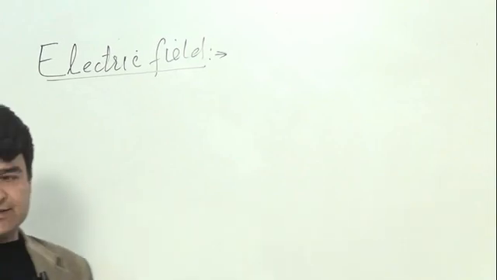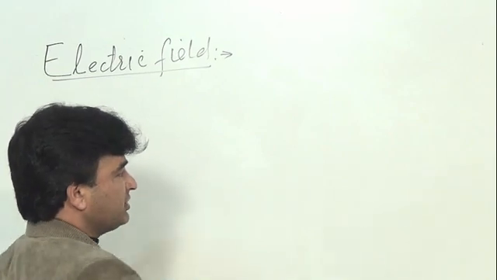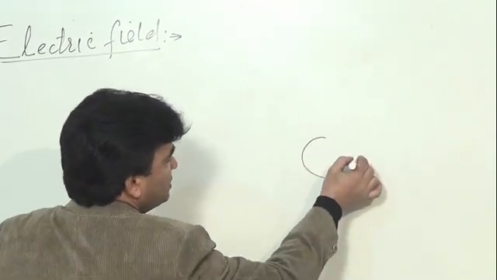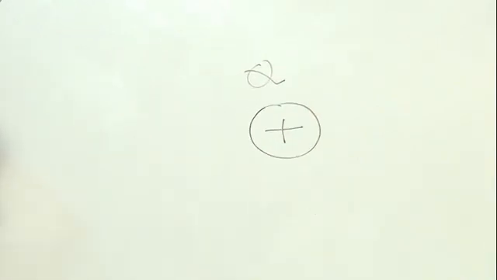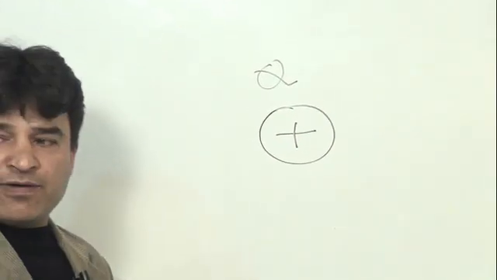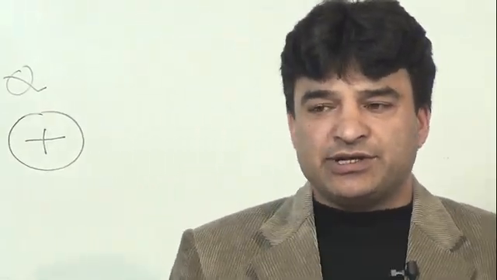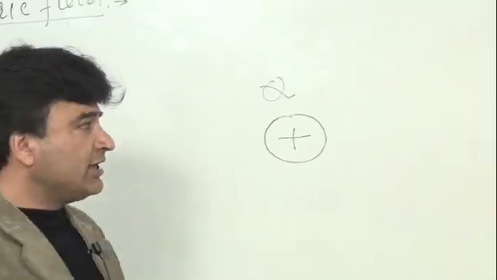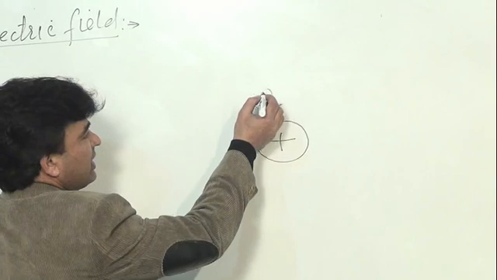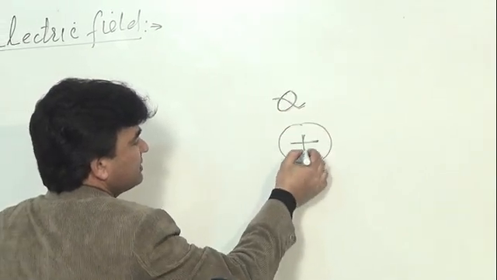is defined like this. It is the space or region around a charged body in which if any other charge is placed, it experiences an electrostatic force. That means, let us suppose that we are having a charge Q placed at this place.